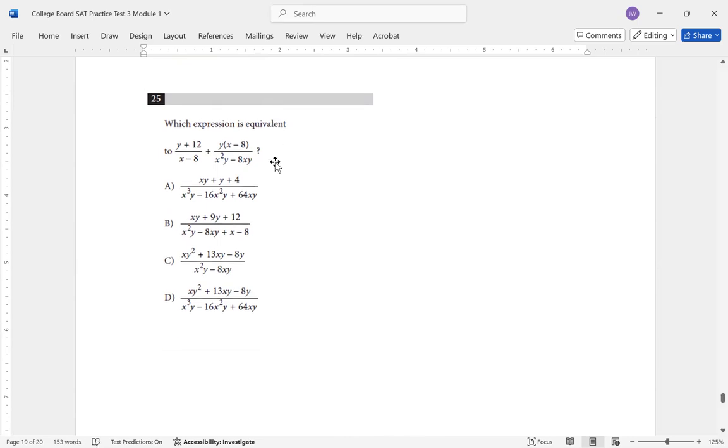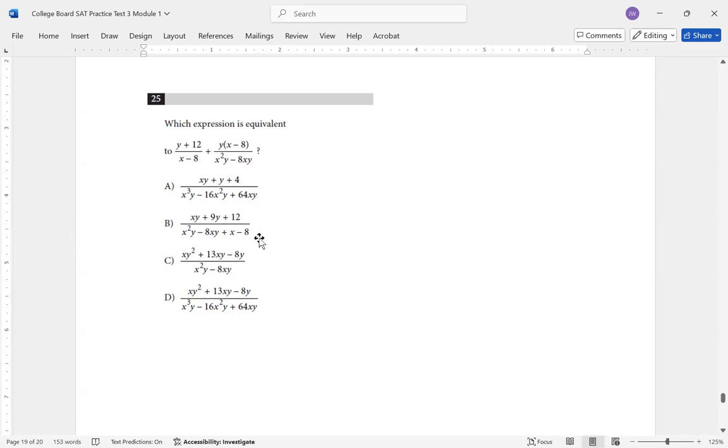Question 25 says, which expression is equivalent to y plus 12 over x minus 8 plus y times x minus 8 divided by x squared y minus 8xy? This is an interesting one because there's multiple ways of doing it, but I'll try to show you the most efficient way.